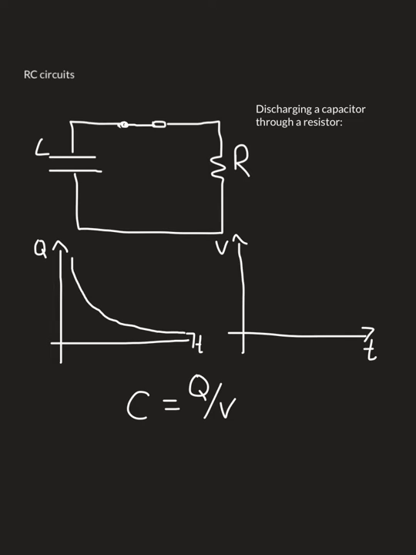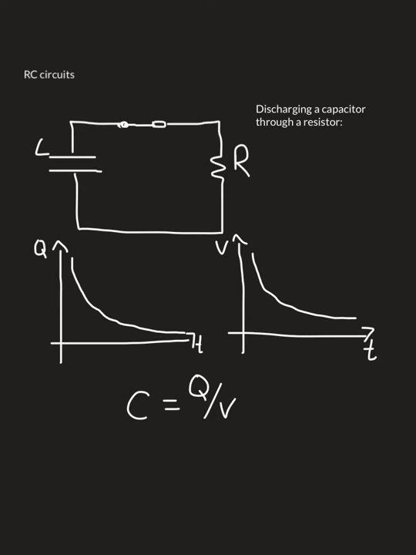Because of the relationship of capacitance to charge and voltage, if charge decreases, the voltage has to decrease by exactly the same amount so that the ratio is constant, and that's the value of the capacitor. So the voltage versus time curve is going to have exactly the same shape as the charge versus time curve.